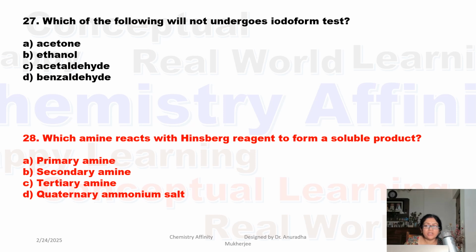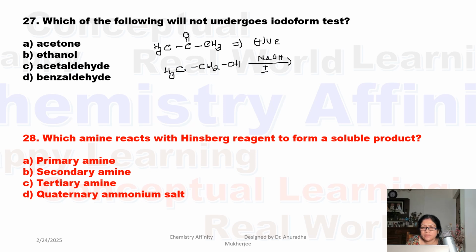Which of the following will not undergo iodoform test? Let me draw the structure. Acetone. Acetone is a methyl ketone, so it will give a positive iodoform test. Ethanol is a primary alcohol. This is the only primary alcohol which, in the presence of iodoform reagent like NaOH and iodine, converts to acetaldehyde.